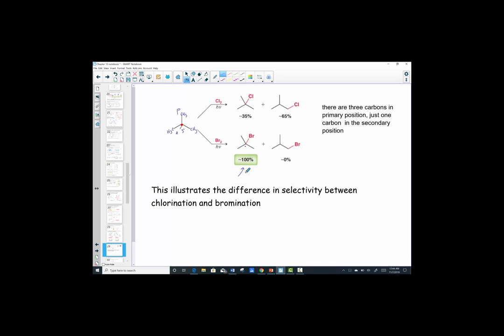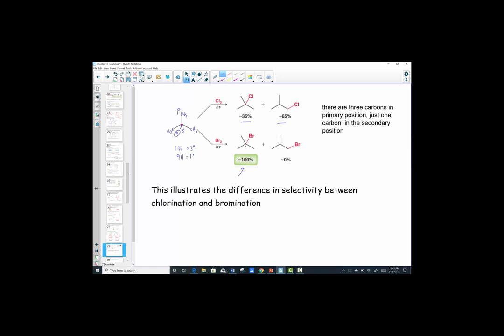But this is interesting up here for chlorination. Think about what we're seeing here and why we have a 35 to 65% ratio. The hydrogen in this position that would form a tertiary radical has just one hydrogen, whereas the primaries have a total of 9 hydrogens.